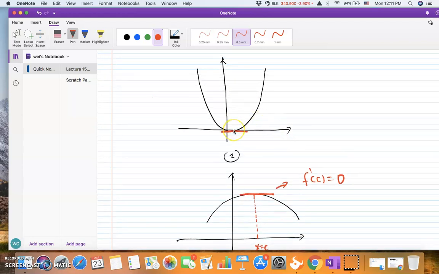Here, at x equals c, the function has a local minimum, and because the derivative exists, the derivative equals 0.